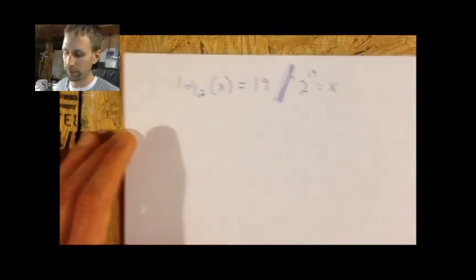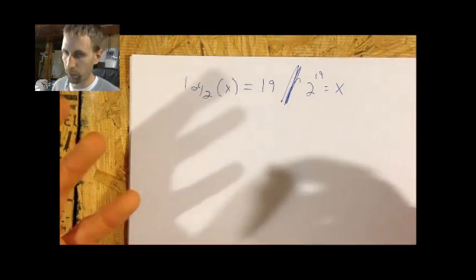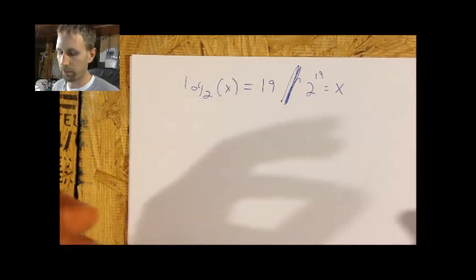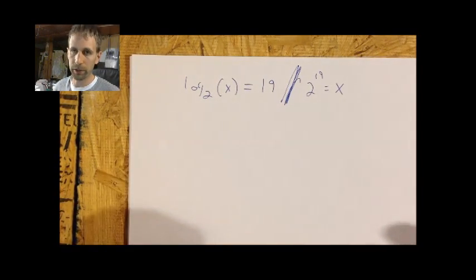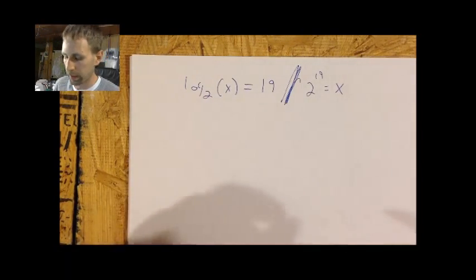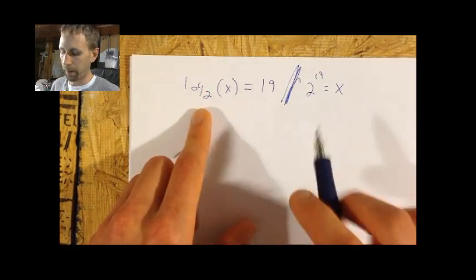Another way to do this is to use inverses, just like we would for regular algebra. If the addition operation is standing in our way to get to a variable, we hit both sides with subtraction.